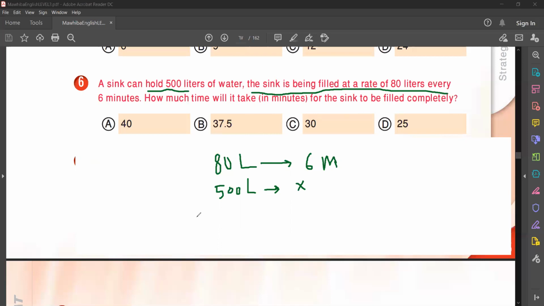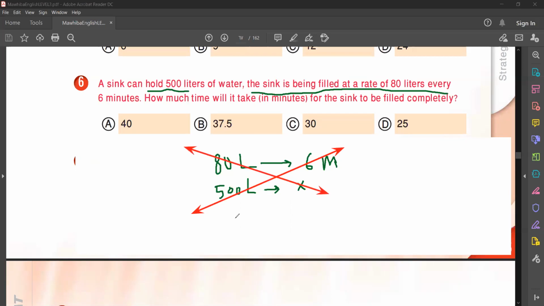Now, how do I find X? You can write it, you can cross, right? You know this way. So you can put it in a cross.